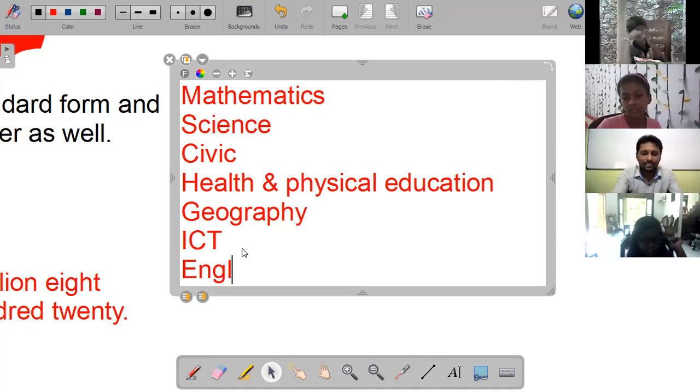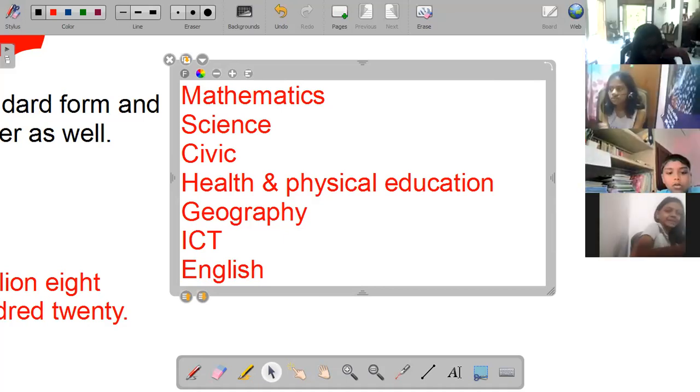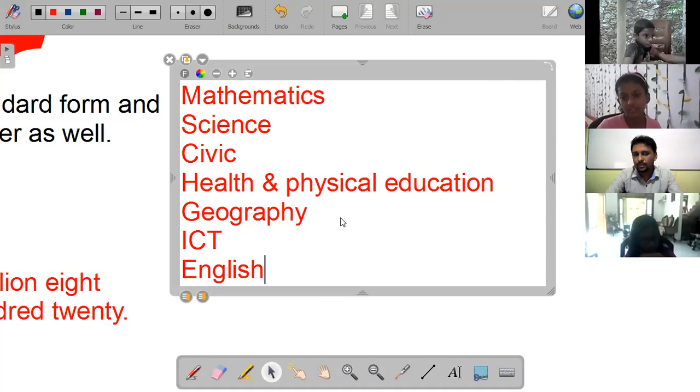English is of course English. Those are the subjects you have to study in English medium of government schools.